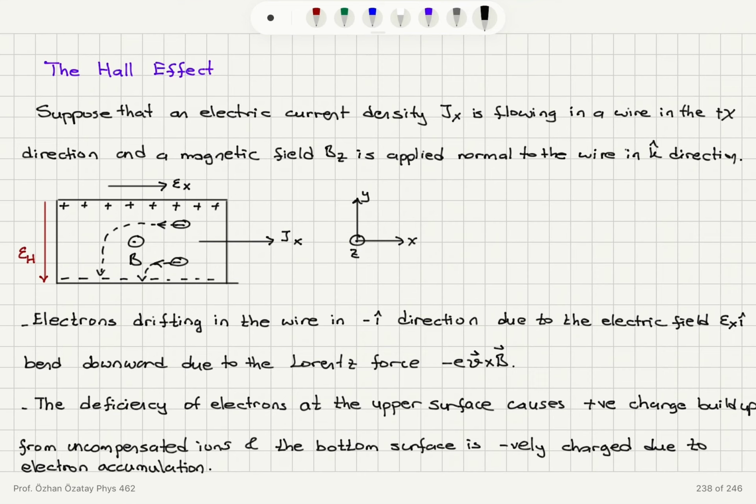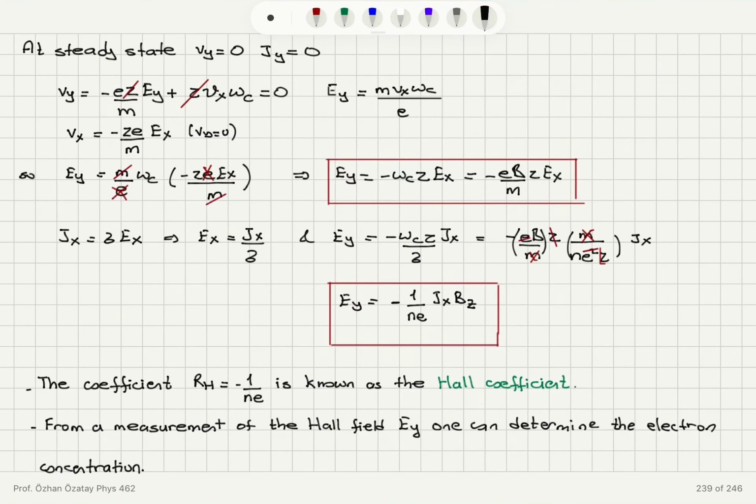And as for the Hall effect, when we have a current that flows in a wire in the presence of an external magnetic field perpendicular to the wire, a Hall voltage develops in the transverse direction, and from a measurement of this Hall voltage, we can determine the electric field.